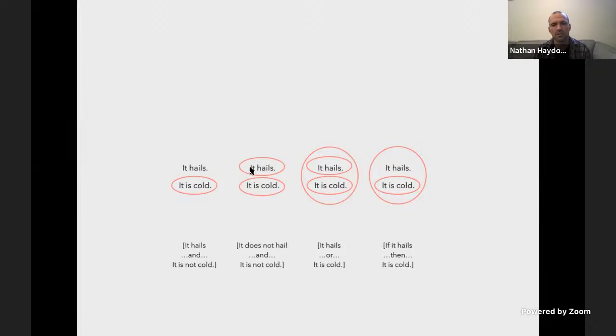That's the center left here. Now we could interpret the center right as it's not the case that it does not hail and is not cold. But that shares the same meaning as disjunction. So one way of reading this graph is that it hails or it is cold.